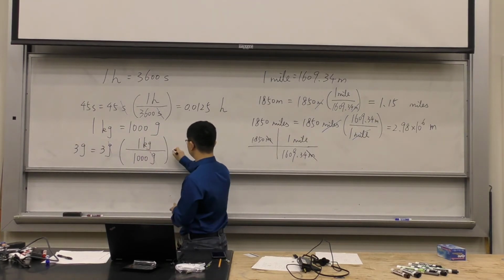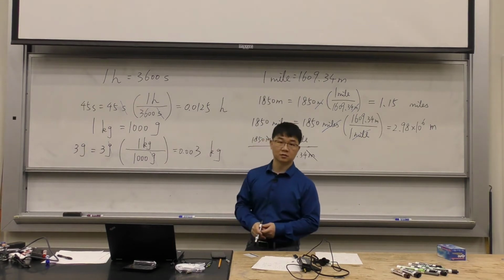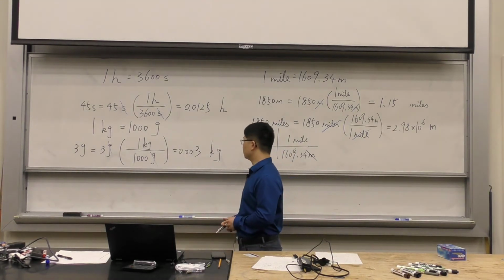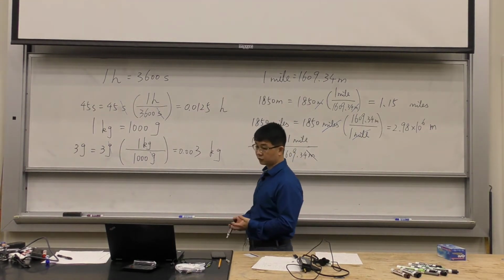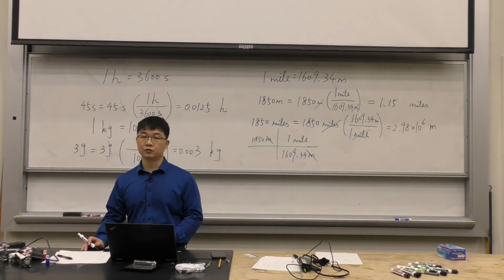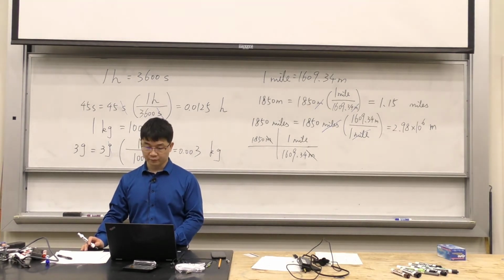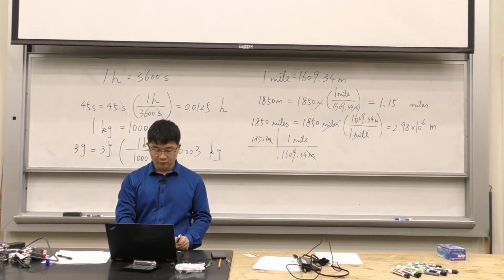At the end, finish the algebra with these 3 numbers, you get 0.003 kilograms. So this is the unit converted. Even for units with prefixes, you can still use the same technique to convert units. So that's about unit conversion.